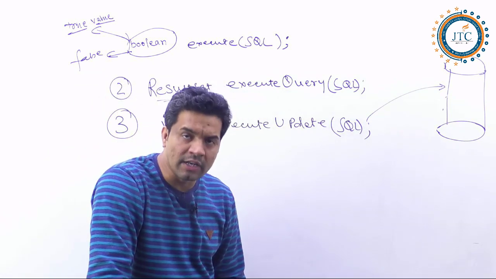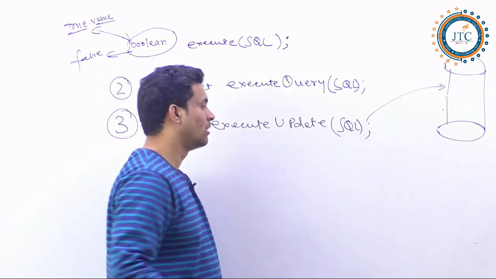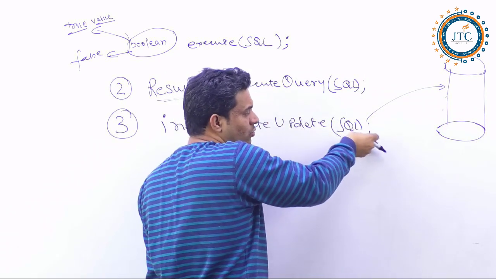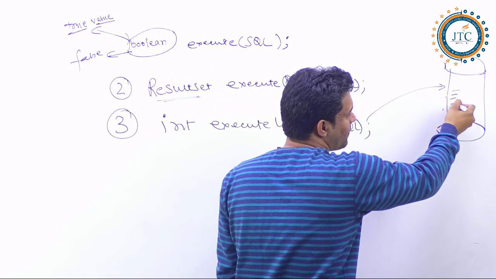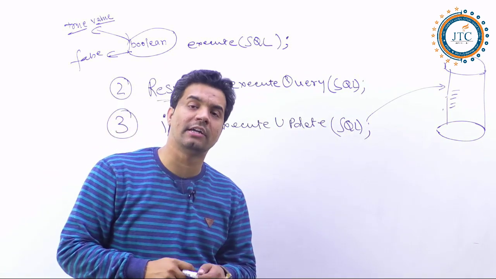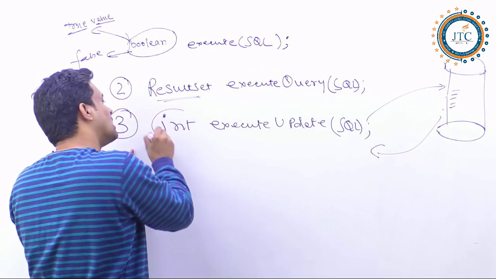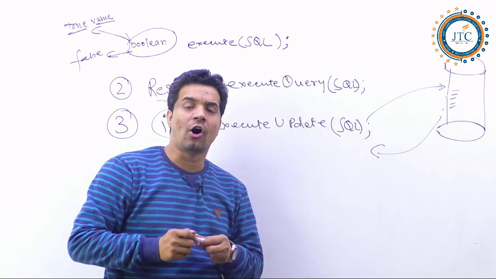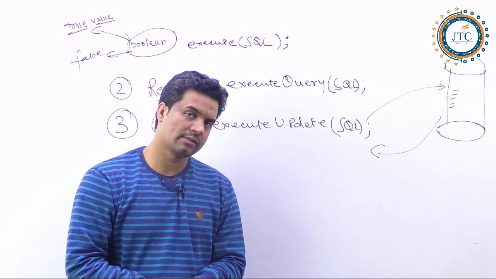Due to this particular query, how many total number of records got affected in the database? It returns that only. So this integer number, whatever is available here, it returns how many total number of records got affected into the database. Fine.